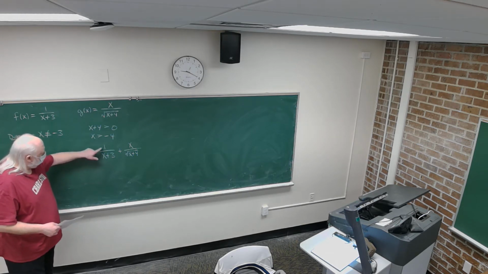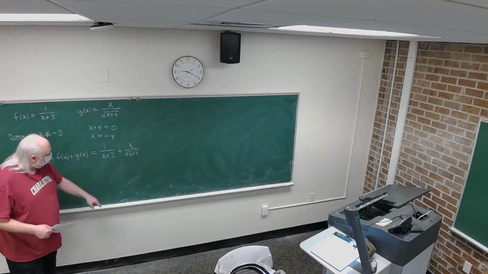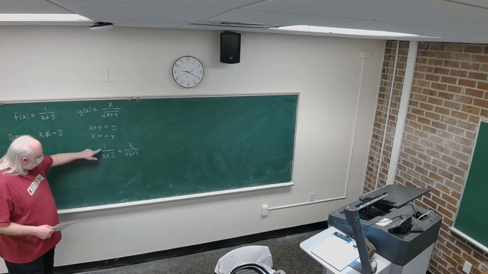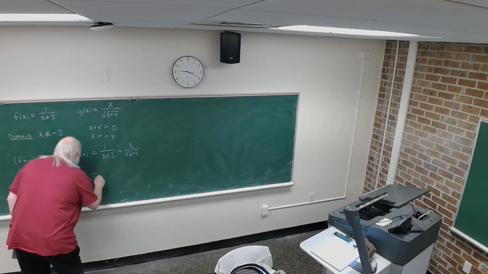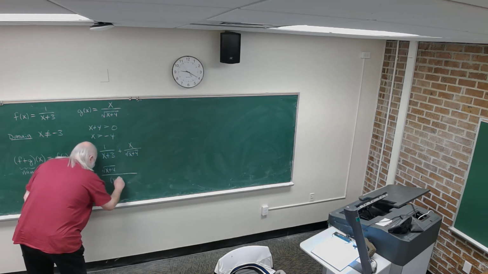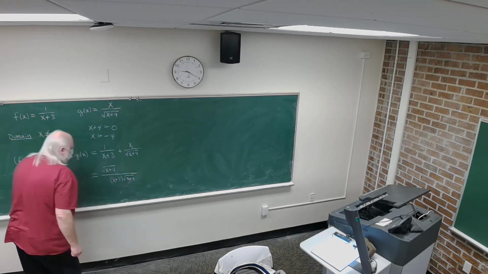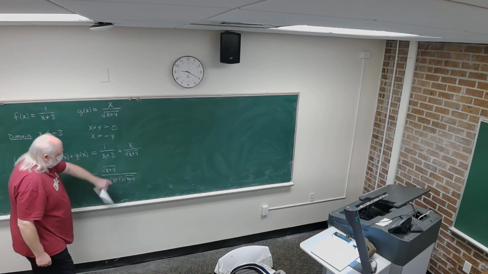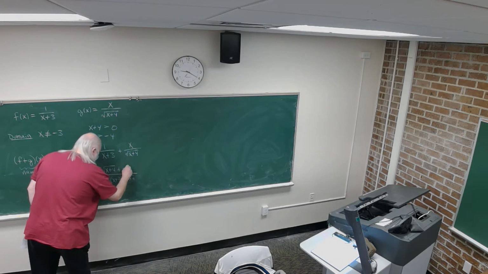So the common denominator is x plus 3 times the square root of x plus 4. We have to multiply top and bottom of the first quotient by the square root of x plus 4, so we have the square root of x plus 4 over x plus 3 times the square root of x plus 4. Then we multiply top and bottom of the other quotient by x plus 3, and you have plus x times x plus 3.